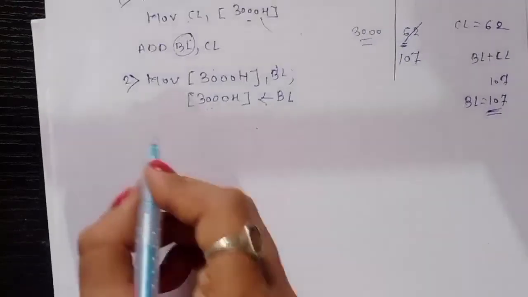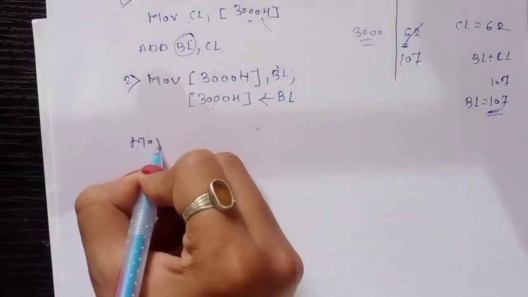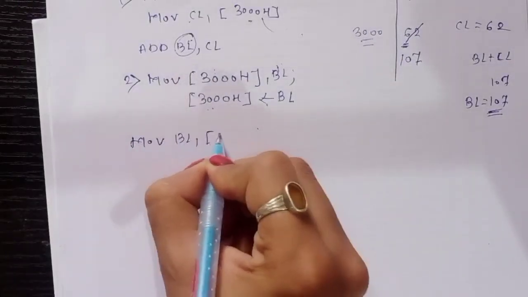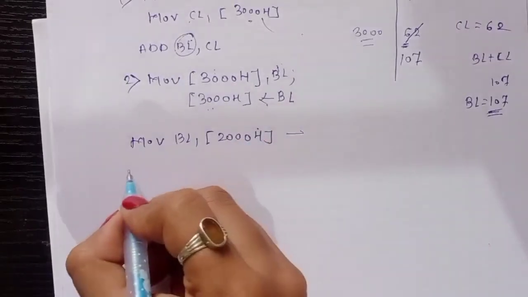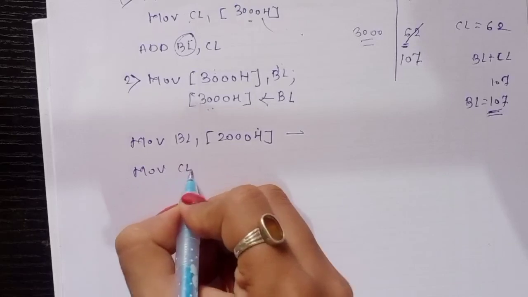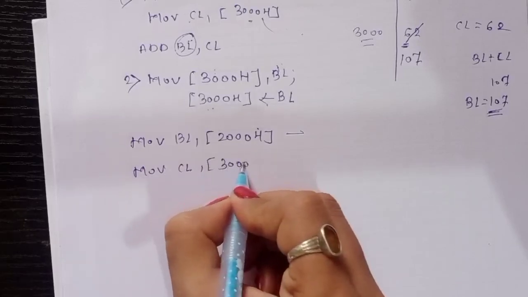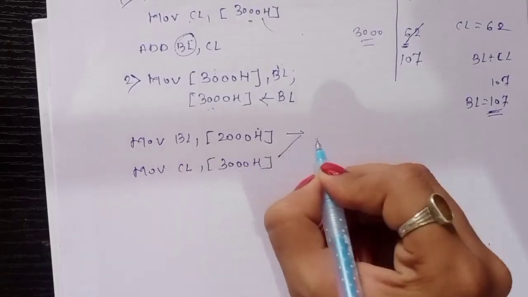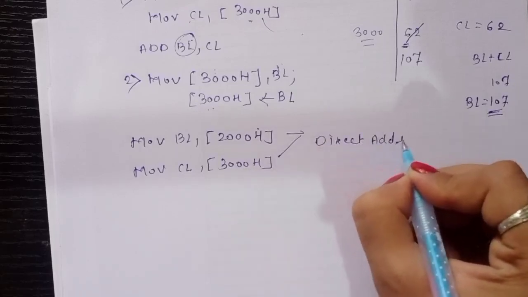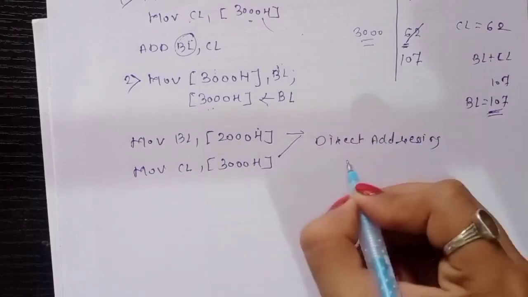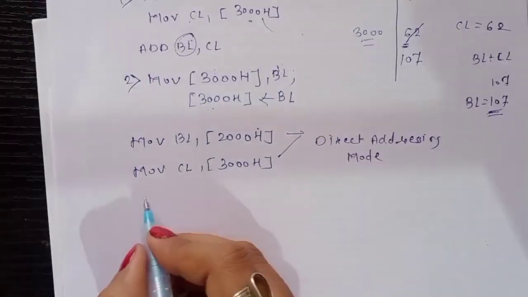Which instructions have we seen? MOV BL, [2000H] and MOV CL, [3000H]. These two are direct addressing mode.